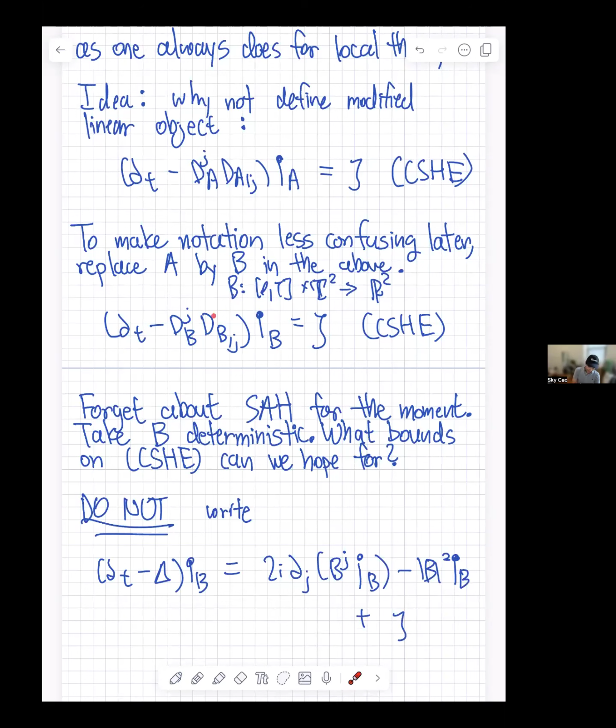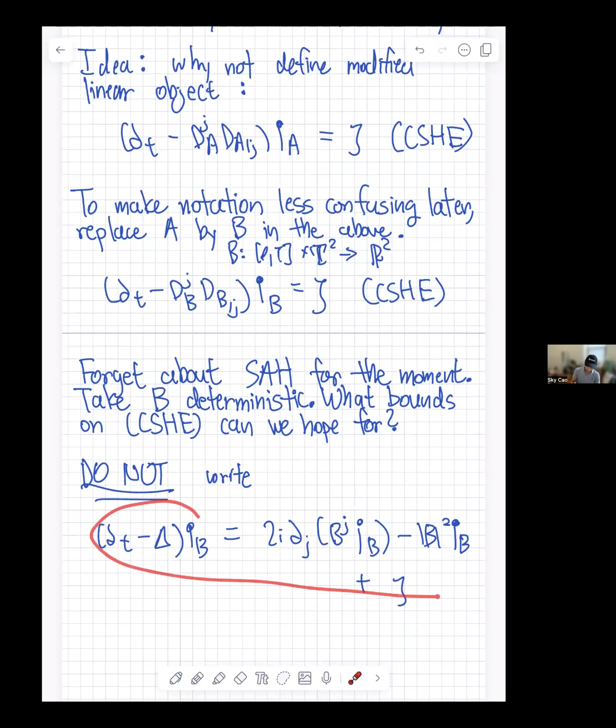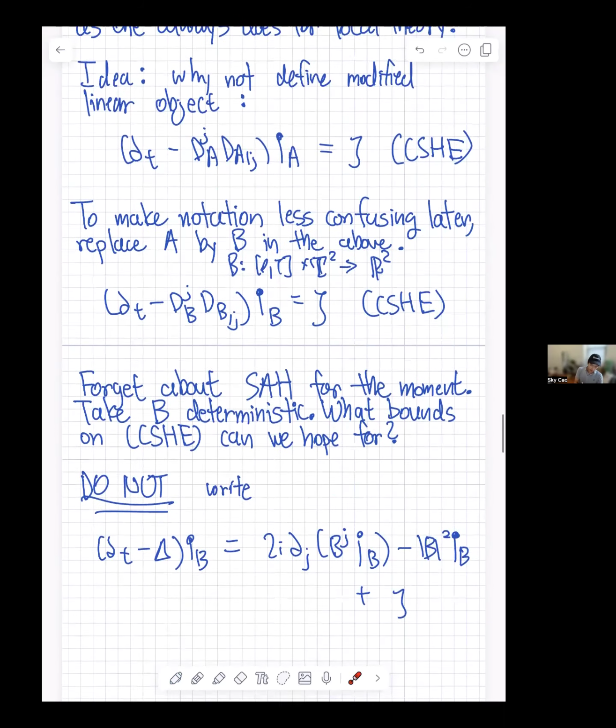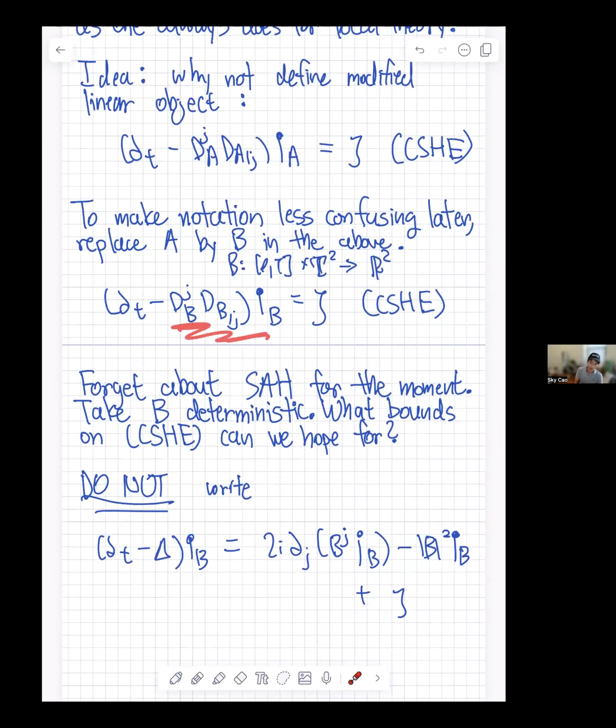If I expand out the formula for what this geometric or covariant Laplacian is, I'm going to get exactly this equation. To leading order, it's a Laplacian, but then you have these lower order terms: this derivative and this polynomial nonlinearity. But the point is, once you do this, you just loop, because the whole goal is to avoid dependence on B as much as possible.